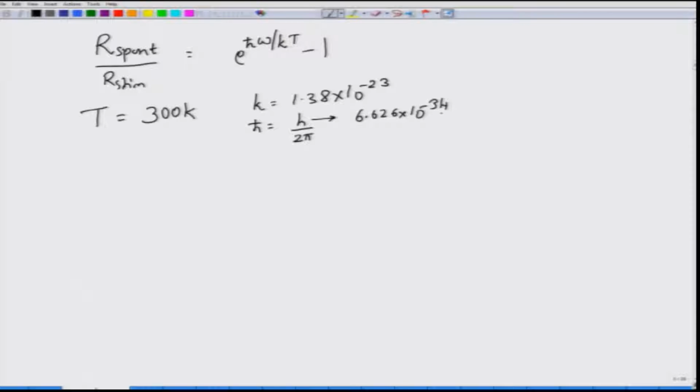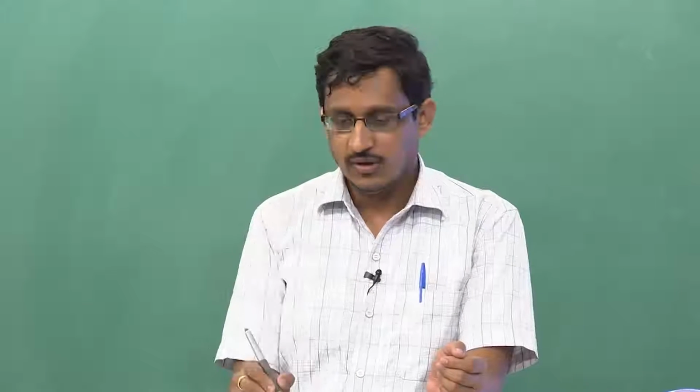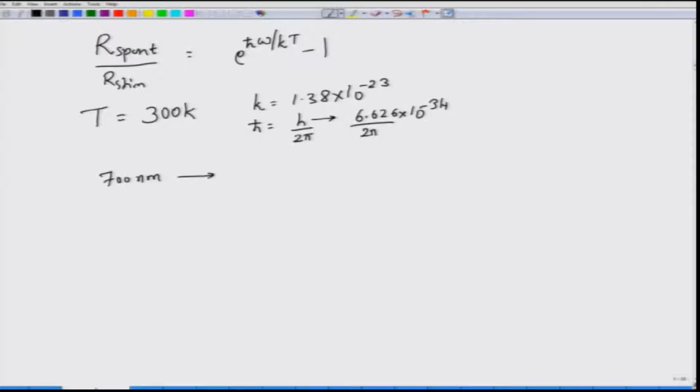Let us assume that the radiation we are interested in is at 700 nanometer. We want to know the spontaneous emission at the frequency corresponding to 700 nanometer, which is roughly 10 to the power 15 radian per second.